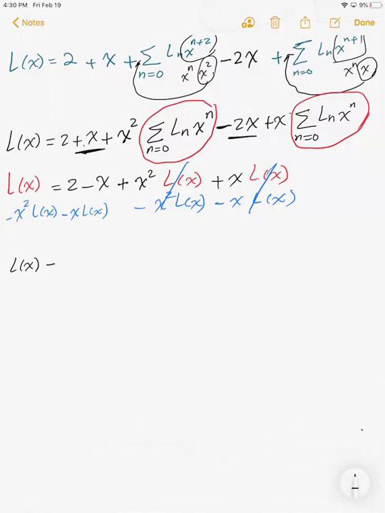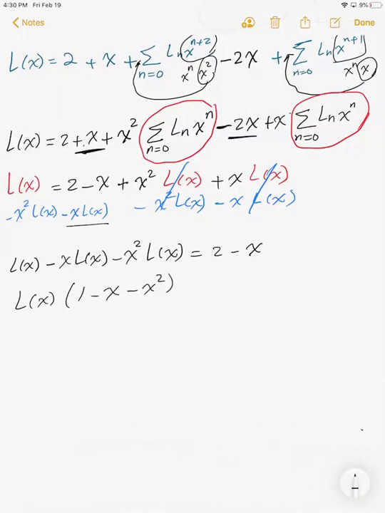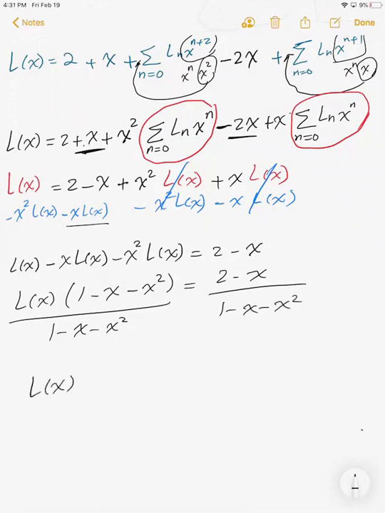I'm going to write this one first, minus x L of x, minus x to the power 2 L of x, equals to 2 minus x. I factor L of x to get 1 minus x minus x to the power 2 equals to 2 minus x. We divide both sides by 1 minus x minus x squared. So we can write L of x is equal to 2 minus x over 1 minus x minus x to the power 2.